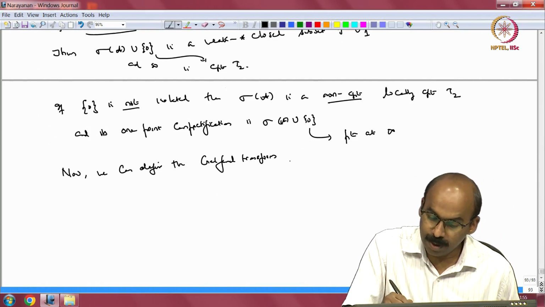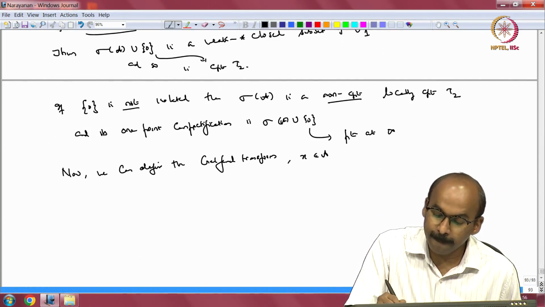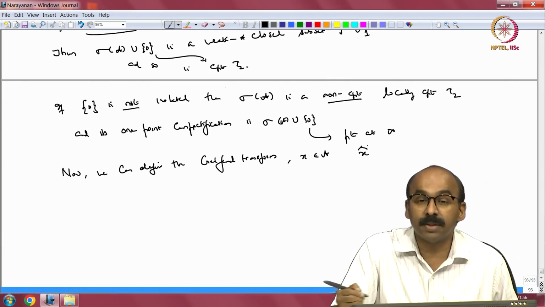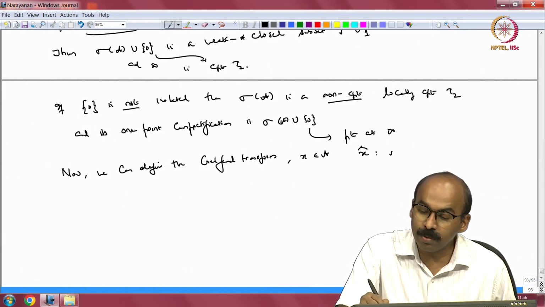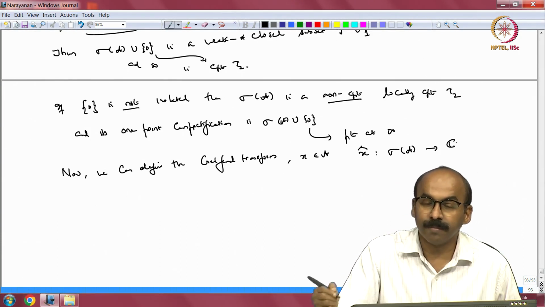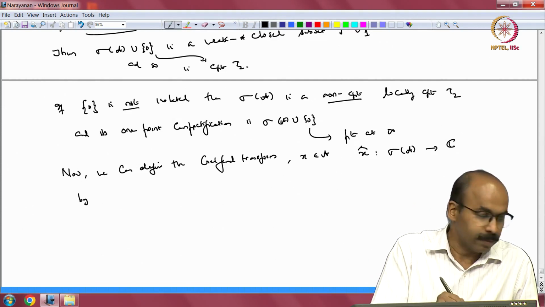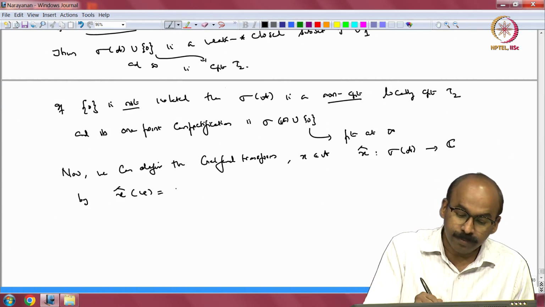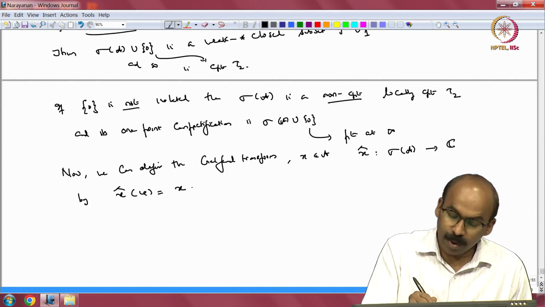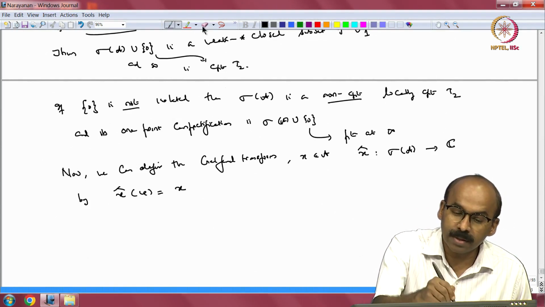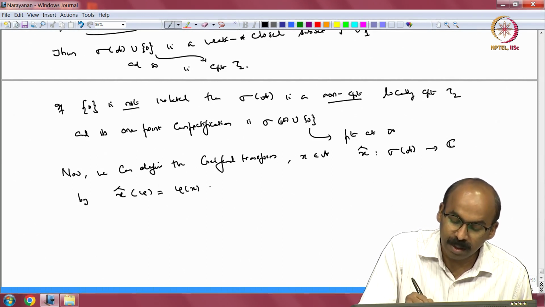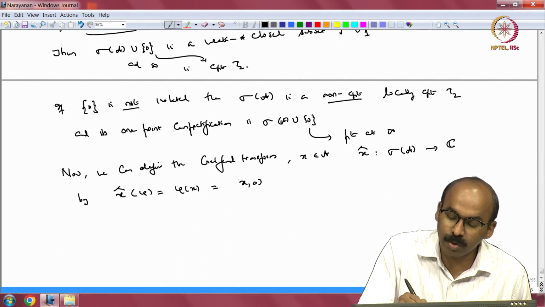So, you take x in A, okay, then x hat, this is the Gelfand transform of x, is going to be from sigma of A to the complex plane, right, by x hat acting on phi equal to, well, I look at (x, 0). So, this is going to be (x, 0), sorry, phi of x, right. So, phi of x, that is the definition, which is also equal to (x, 0) hat.